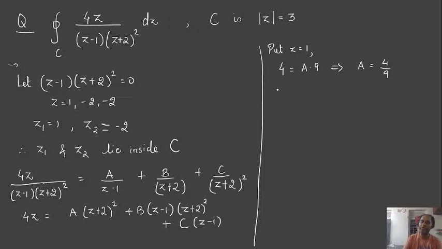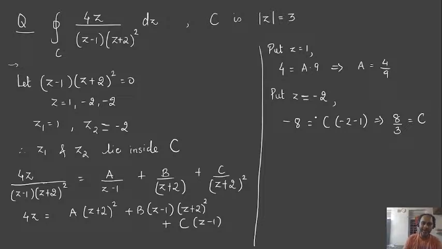Now put z equal to minus 2. Minus 8 is equal to c into minus 2 minus 1, the other terms go 0. So c is equal to 8 over 3. This is what you would get.